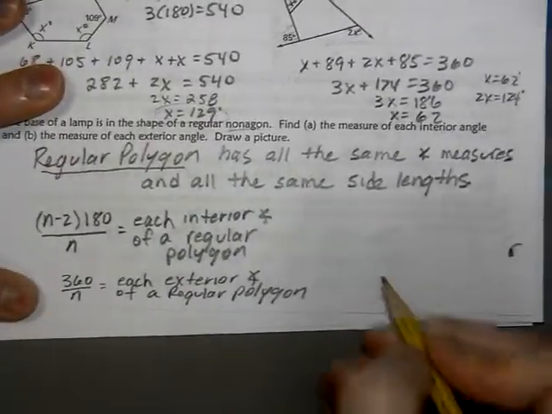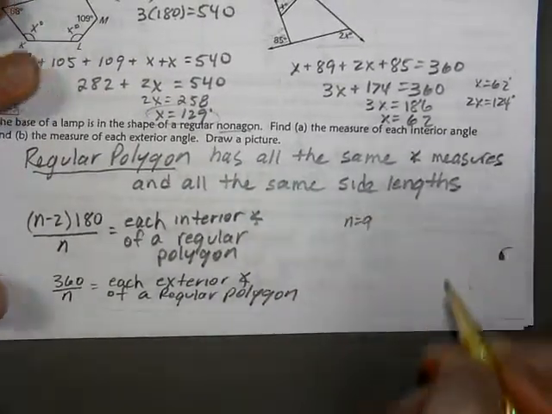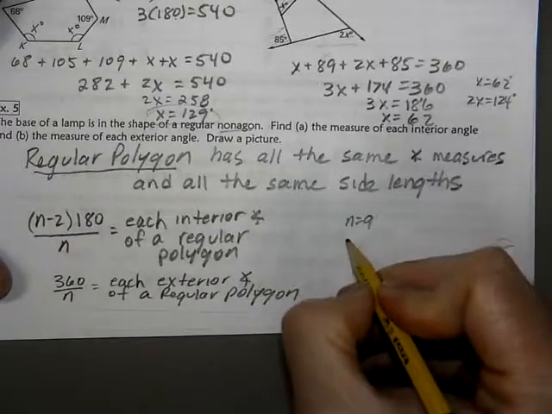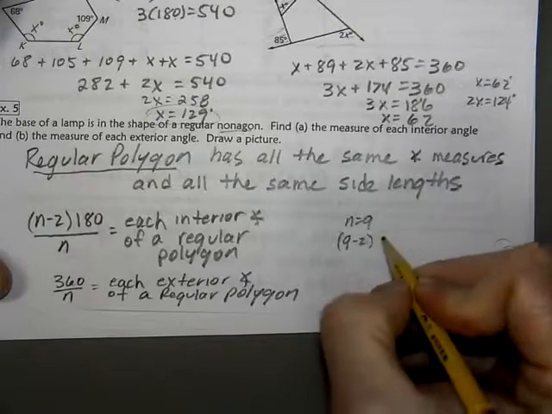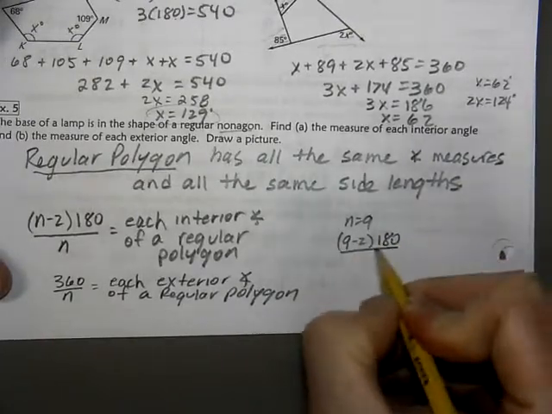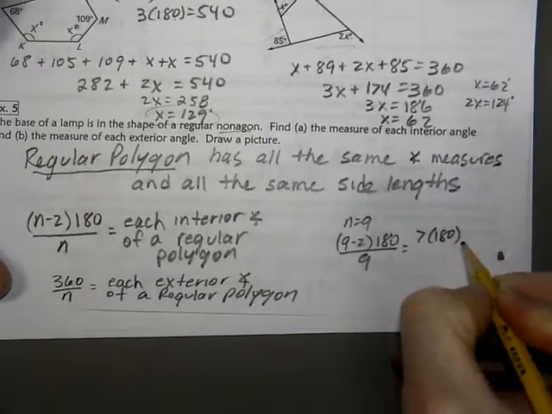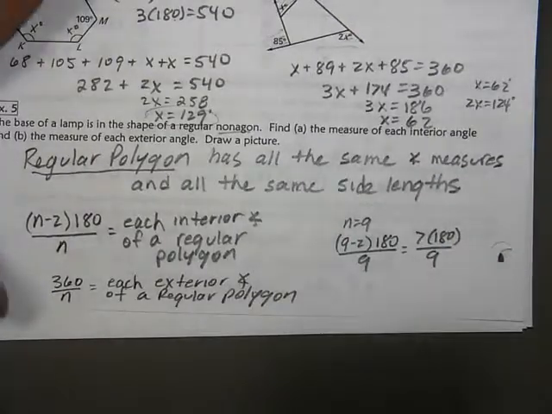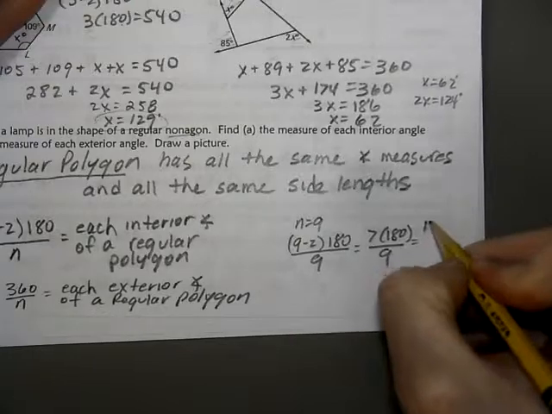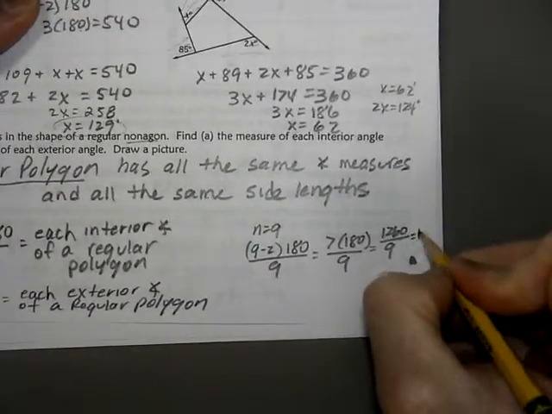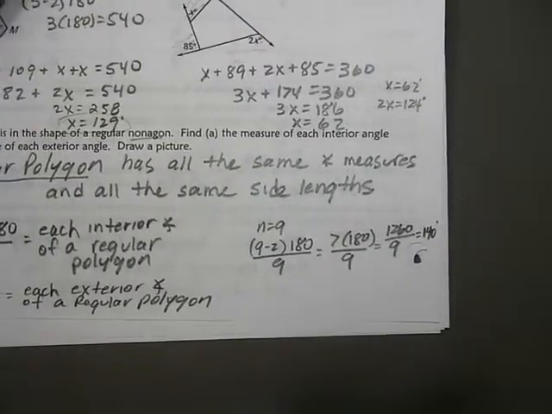So in our case, we know that n equals 9 because it's a nonagon. So we're going to say 9 minus 2 times 180 divided by 9. 7 times 180 divided by 9. That is 1260 divided by 9, which is 140 degrees.